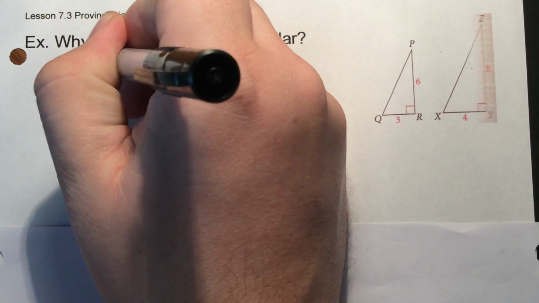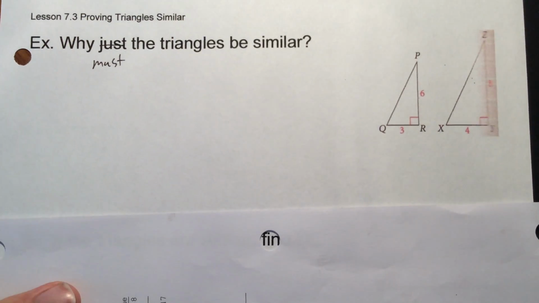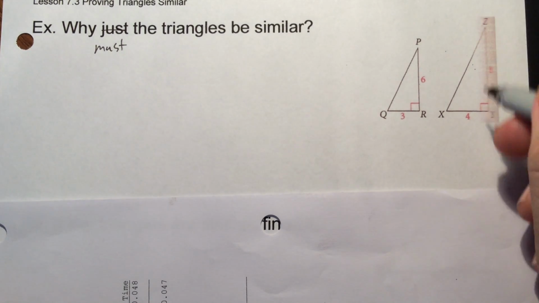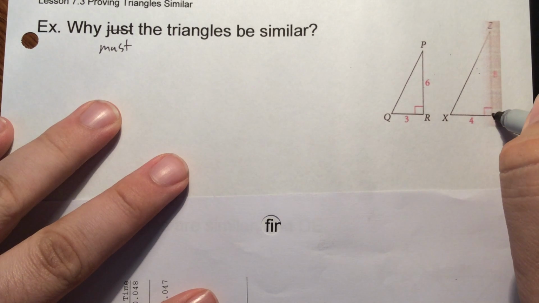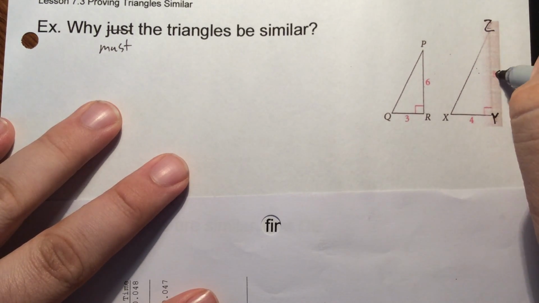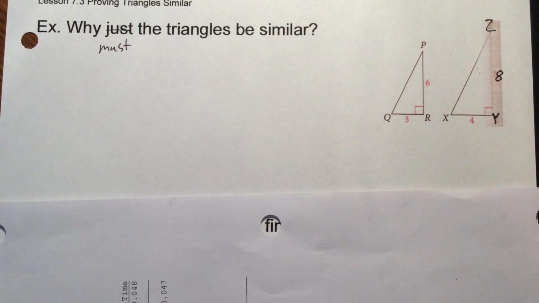So why must the triangles be similar? We have some sides here that we can't really see. Starting with this is Y, if you can't quite see it, and this is Z, and this here is an 8, just so you can kind of see that.